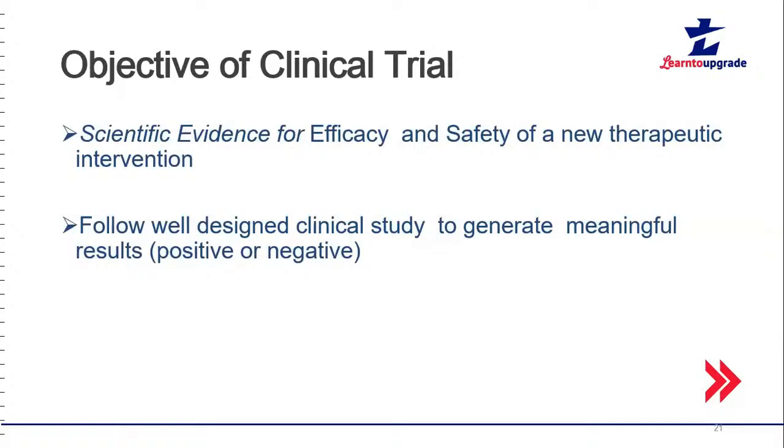We want the scientific evidence, which we are going to present to the authority for approval. Second is to follow a well-designed clinical study to generate meaningful results. The result can be positive or negative, but we follow a well-designed clinical study.